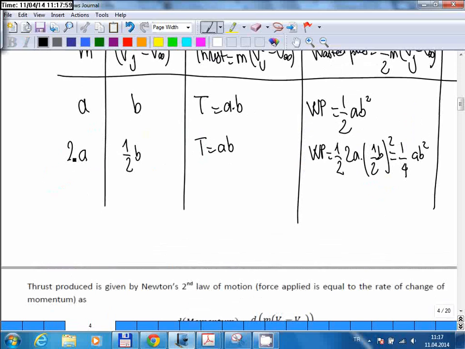Instead of increasing this by a factor of 2, I can increase that by a factor of n, and I can reduce the speed increase by the same ratio, 1 over n times B. Then the thrust will be the same, but the wasted power will be 1 over n times 1 over 2 AB squared.